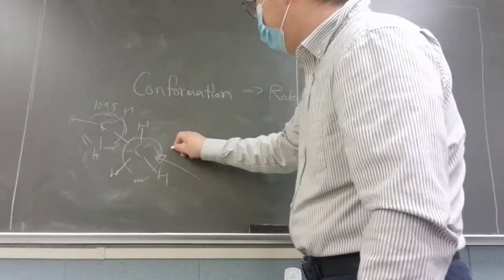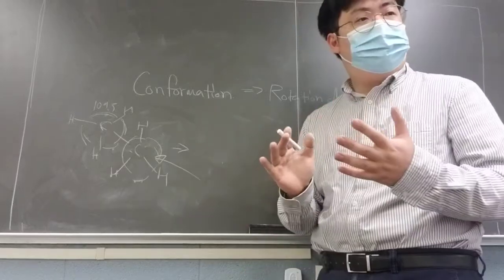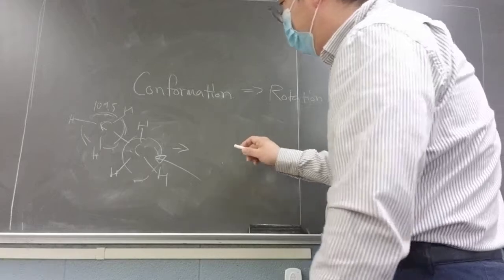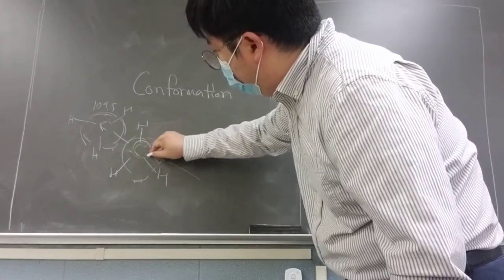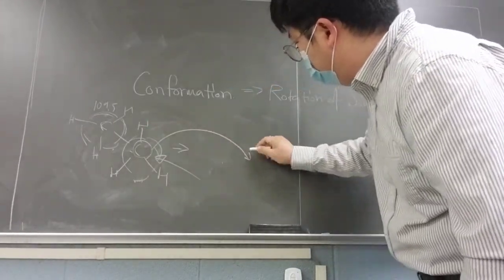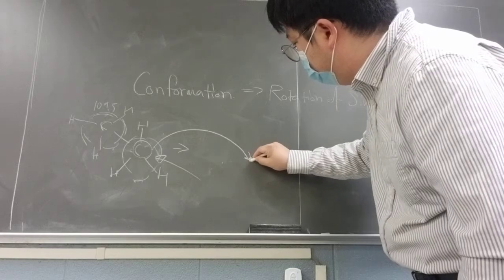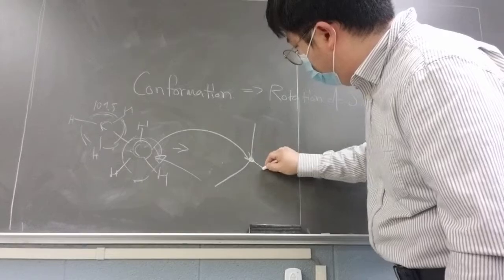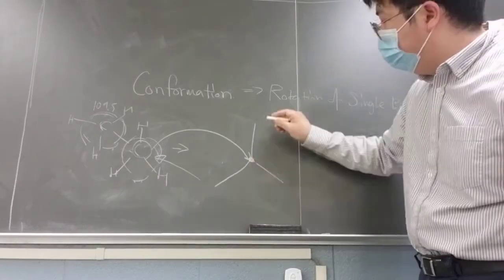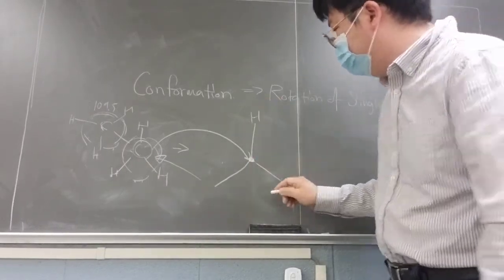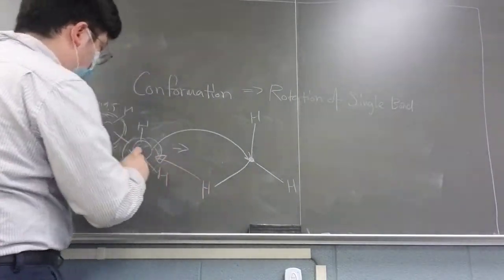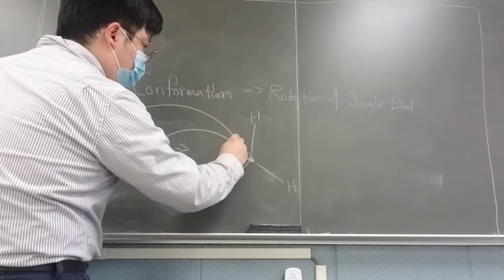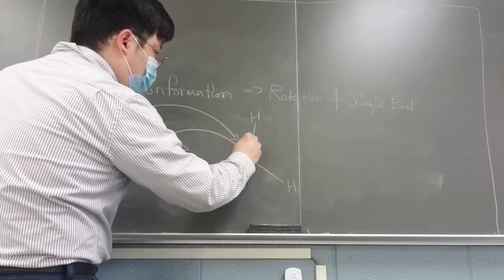But we have a better way to put this in a 2D picture, called the Newman projection. We have this front carbon here at the point, okay? And then we put 3 bonds from this carbon, with the hydrogens over there. And the carbon on the back, we represent as a bigger circle.